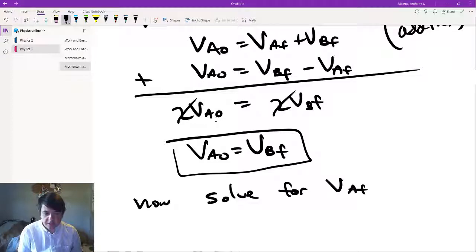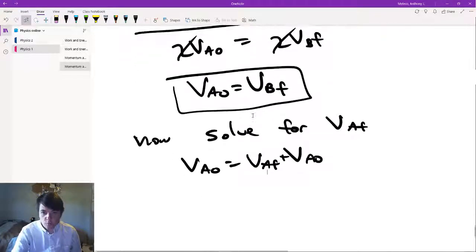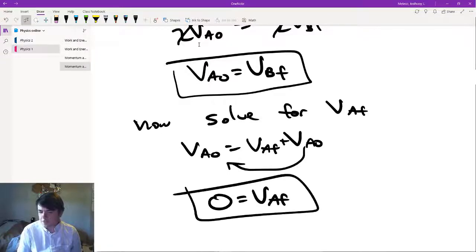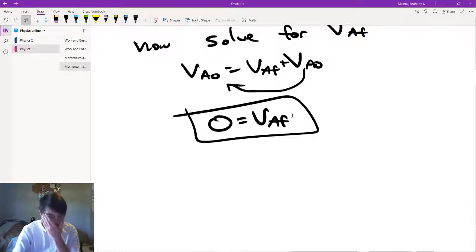What does this mean for the second one? VAO equals VAF plus VBF, and we can plug in another VAO, because VBF is VAO as well. We move this over and we get 0. So VAF equals 0. What does this actually mean? It means the first ball is not moving after the collision.